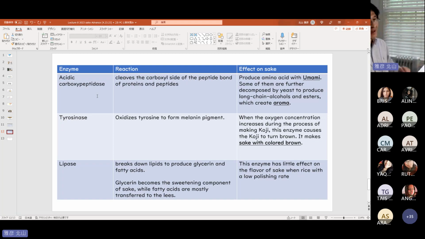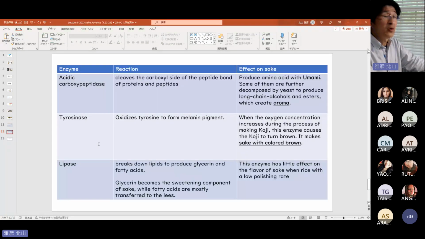It depends on what type of sake the brewery wants to make. If they want to make sake with more umami or more aromatic compounds, they need to be careful to choose koji fungi with acidic carboxypeptidase activity. And the other enzyme is not very important: tyrosinase oxidizes tyrosine to form melanin pigment.